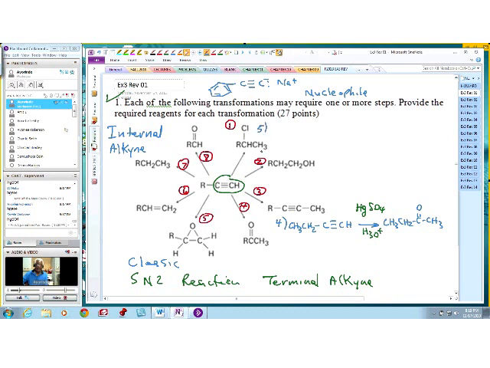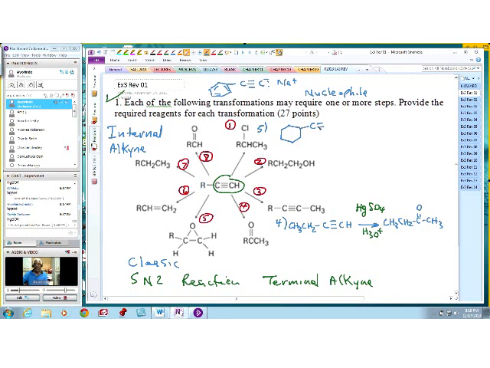What does 5 say? 5 wants us to go from a carbon-carbon triple bond to an epoxide. So let us use this for our R group. Keep in mind, all I'm doing here is simply using a different R group.